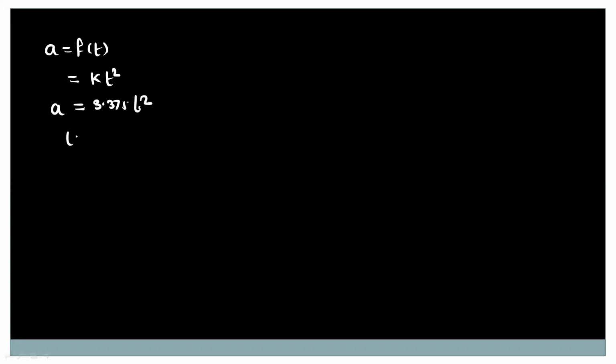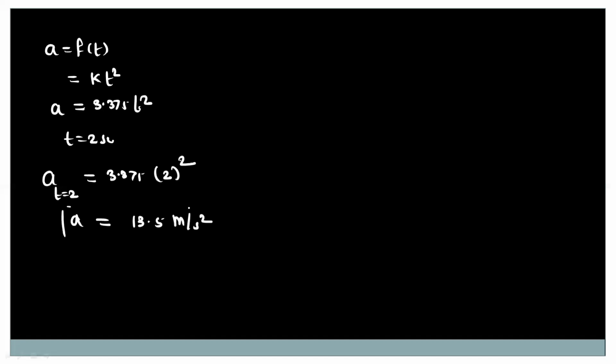So put the value t is equal to 2 seconds. So acceleration at t is equal to 2 seconds is equal to 3.375 into 2 square. Okay. So acceleration is 13.5 meter per second square. Okay. So this is how you can complete this problem.